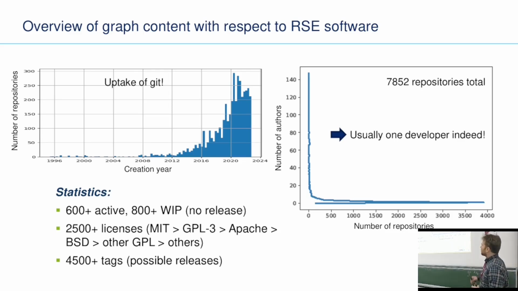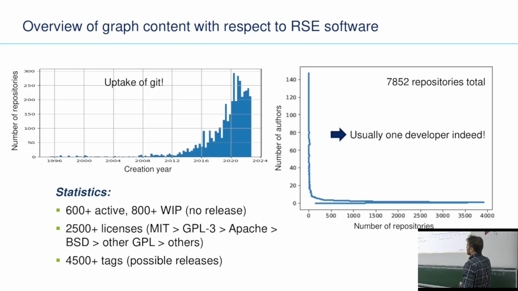Now to give you a quick overview of some of the things that we see. One thing I've already mentioned, and you probably experience if you're longer in the field, is a general uptake in Git, so more new repositories are created each year. This has wide use now with research software, and this is a very good thing. I can confirm that we have a bus factor of 1, so most of the projects have a single contributor.